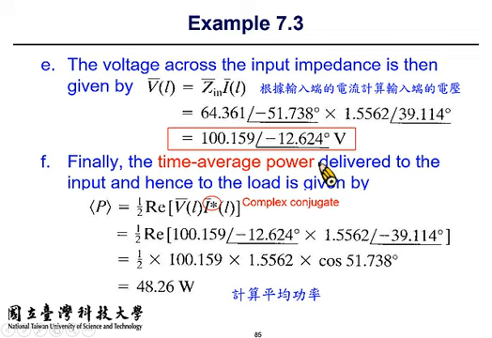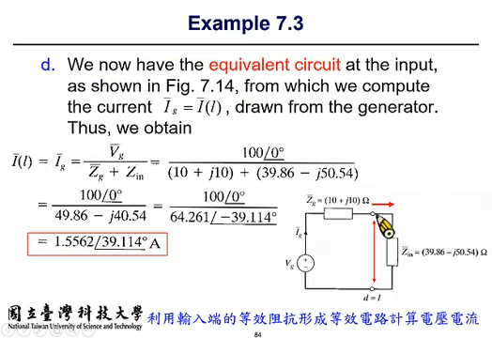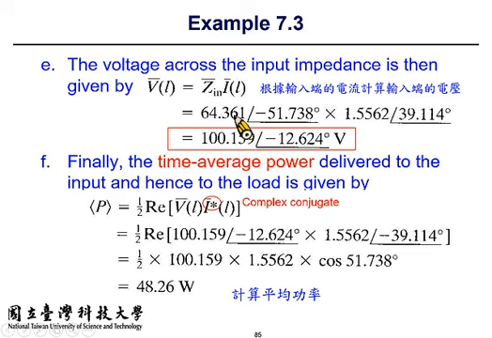I'm sorry, no, that's not the case. The voltage can be found by the product of the input impedance and the current. Okay? So I misspoke just now. The voltage at the input end is the current times the input impedance that it sees. So put those numbers in. Here is the real-part, imaginary-part form of the complex number, and here is the polar form. Because it is a product, the polar form is easier: magnitudes multiply and phases add. So your V is 100 volts at minus 12.6 degrees.